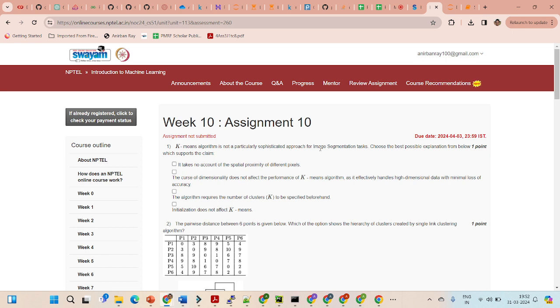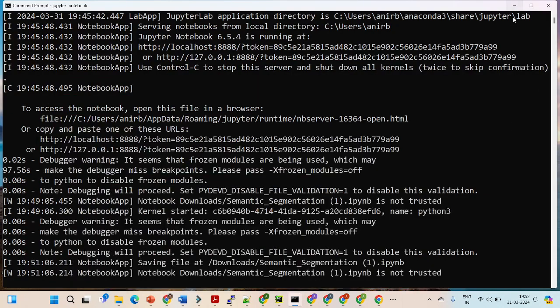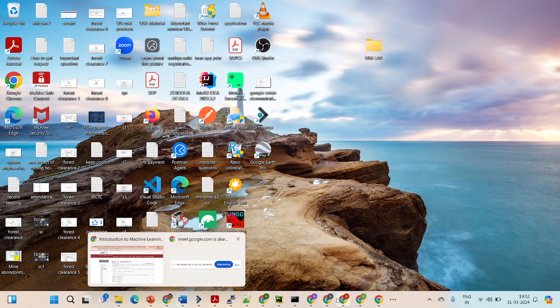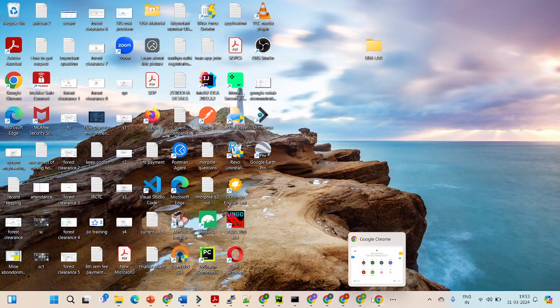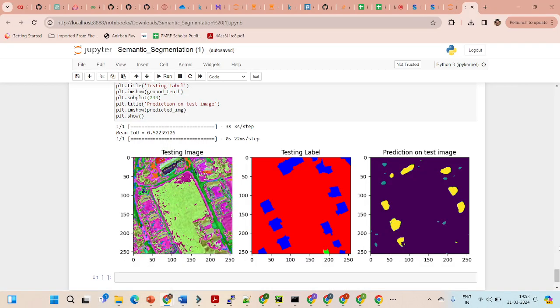You've got the idea of what image segmentation is. Here there are multiple options correct, so it can be multiple options correct as well. We usually use supervised data for semantic segmentation, and we use a special class of neural network called the convolutional neural network for this.